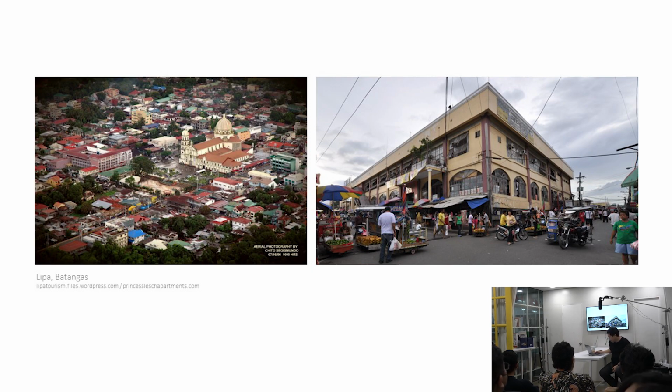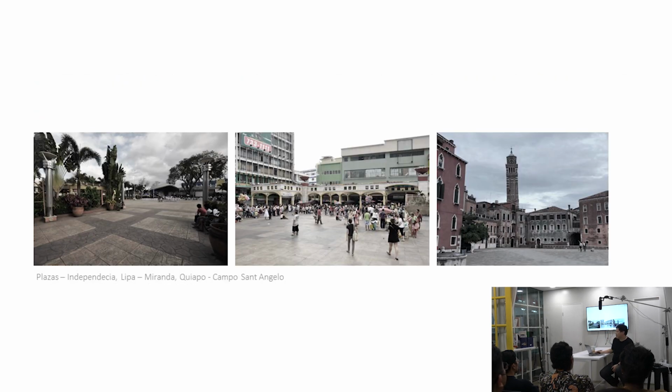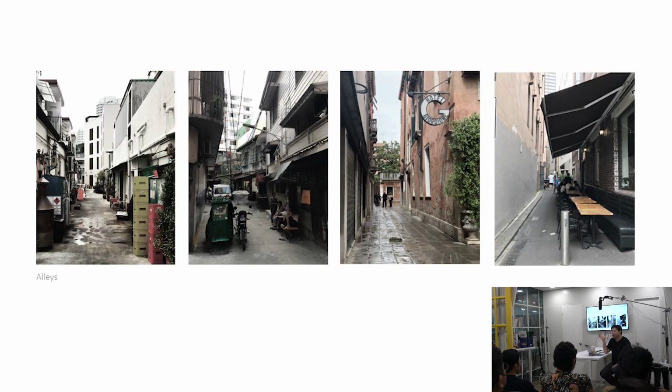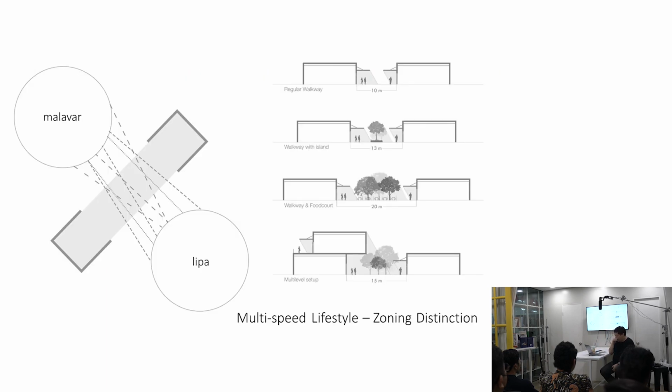This is our project in Lipa. It's the Outlets at Lipa. When we were looking at how the old city has these piazzas and plazas, how there are different types of alleys throughout different countries even. And, of course, looking at this site lying between Lipa and Malvar, we were thinking that we can come up with a diversity of open spaces inside.